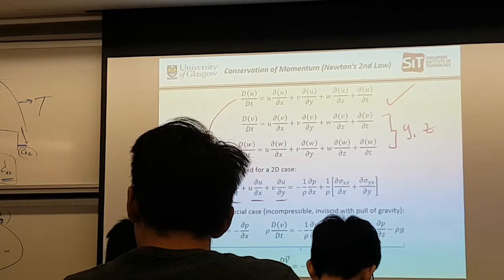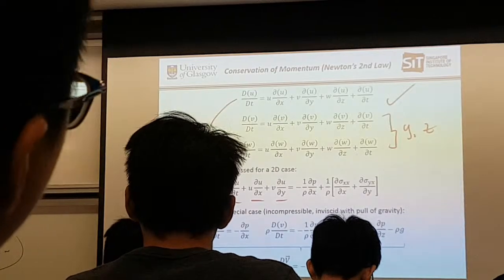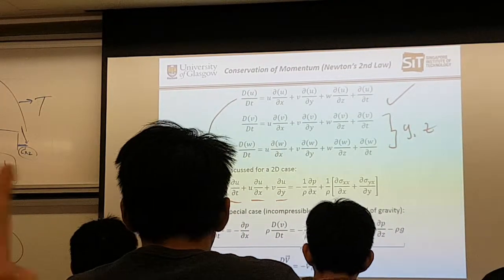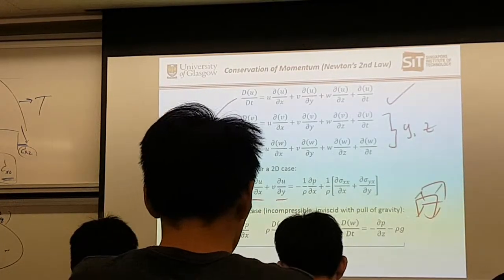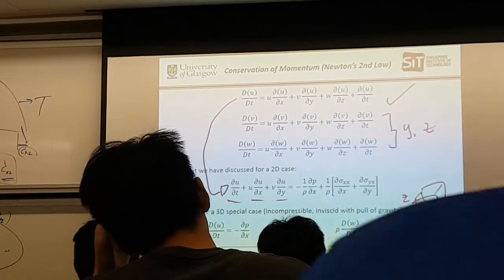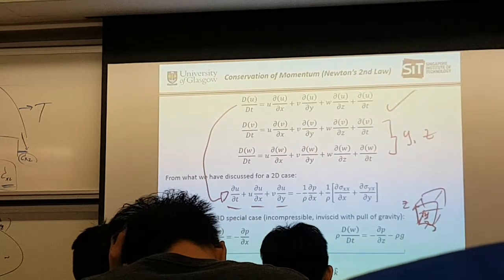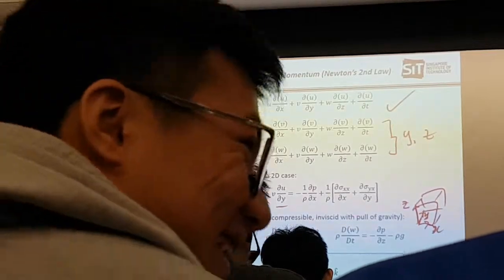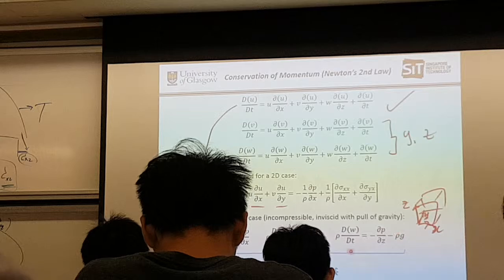The last term is just rho G. Why do I put a K here? Because we're looking at gravity in the K direction. If you draw a box, you have your X, Y, Z, and it's your gravitational force.